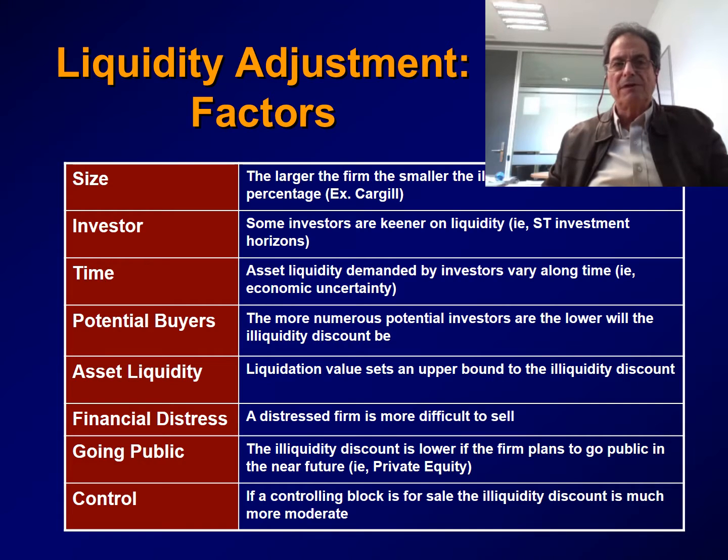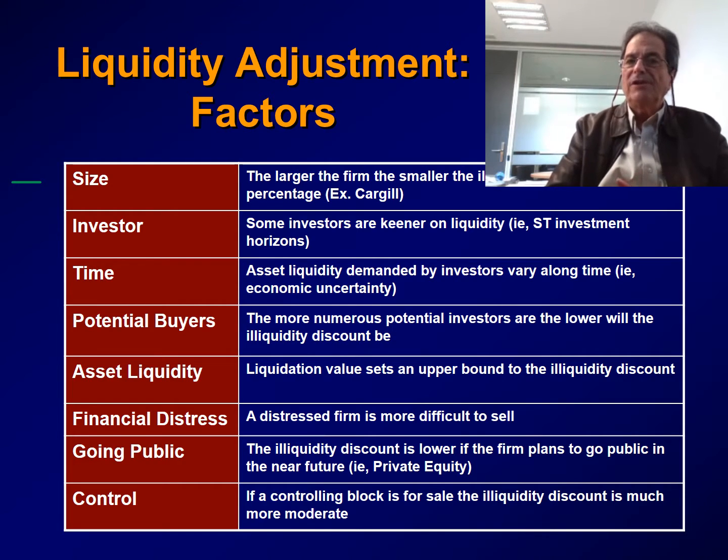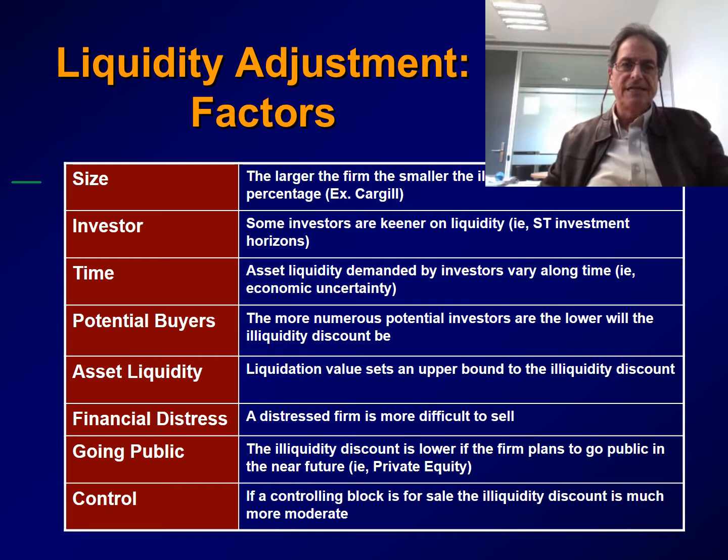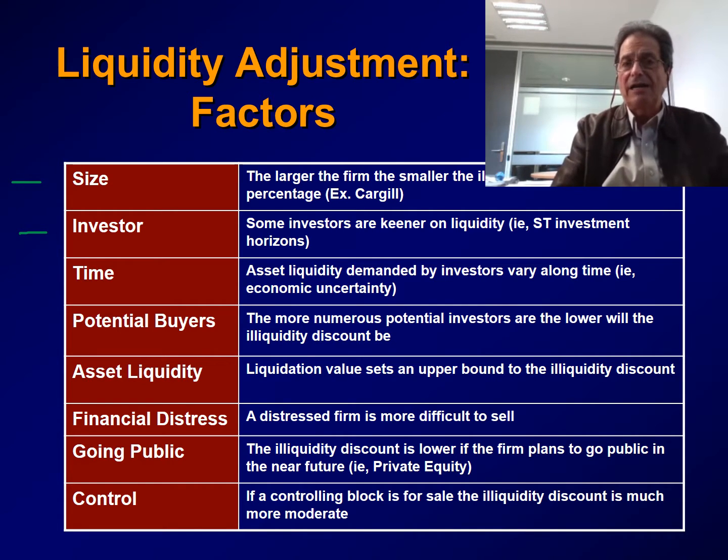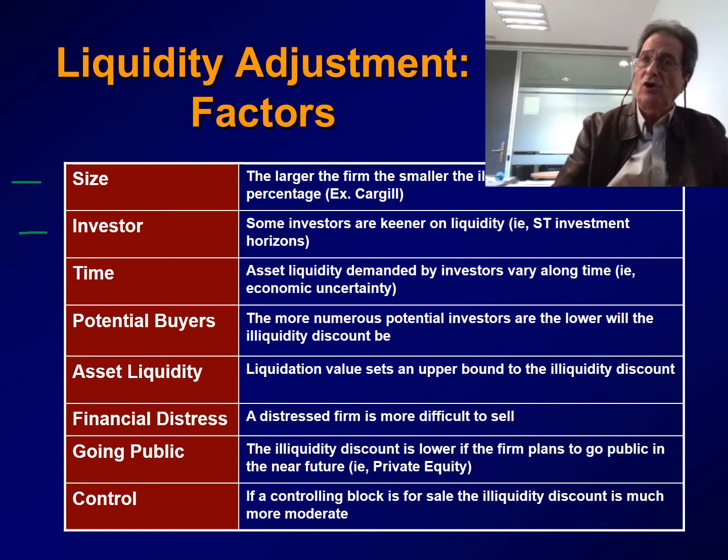The liquidity adjustment depends on the factors that we show in this table. First, size. The larger the firm, the smaller the illiquidity discount in general. Second, the investor. Some investors are keener on liquidity, others not so much.